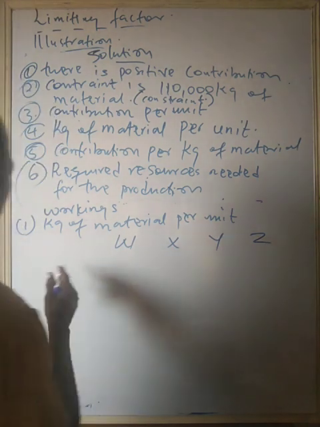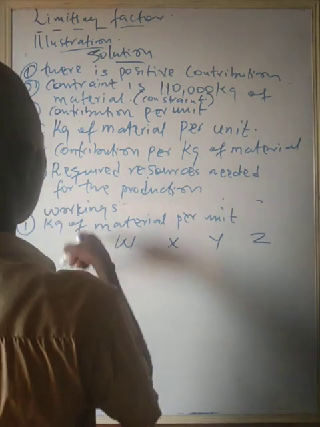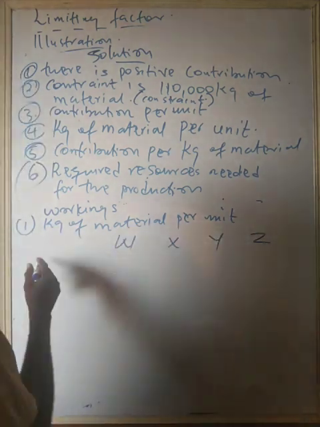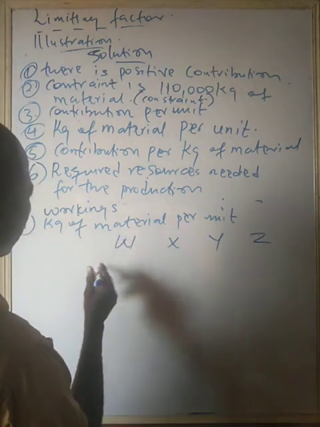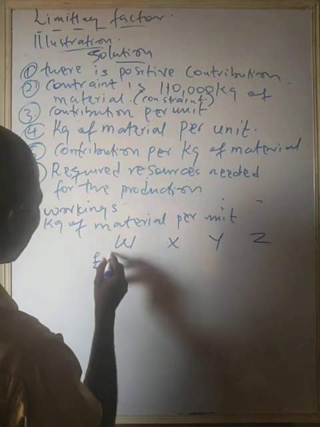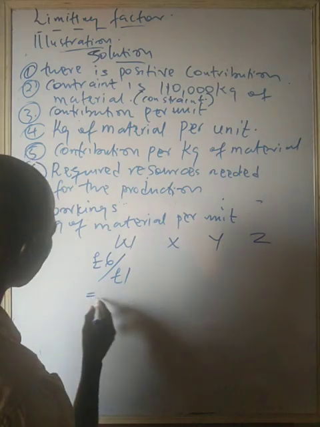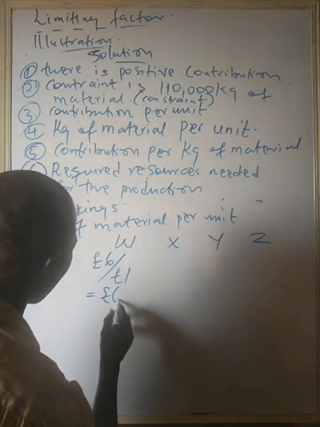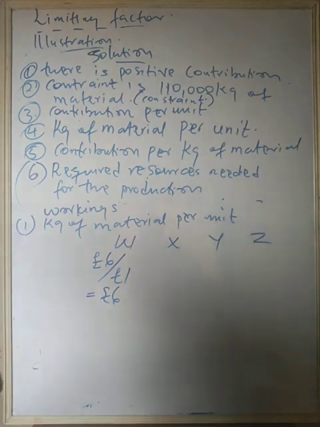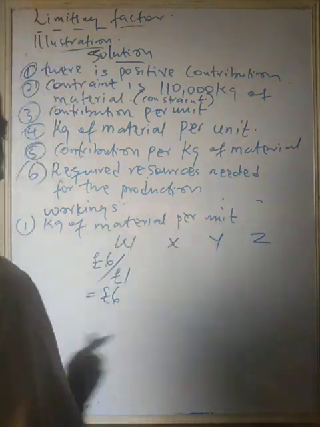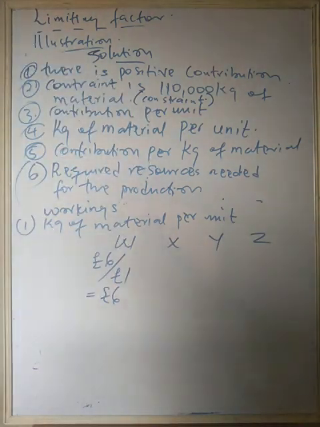That means kg of material per unit for W is 6 pounds divided by 1 pound, and that gives us 6. For X, what is the pounds per unit of X? And that is 18 pounds.